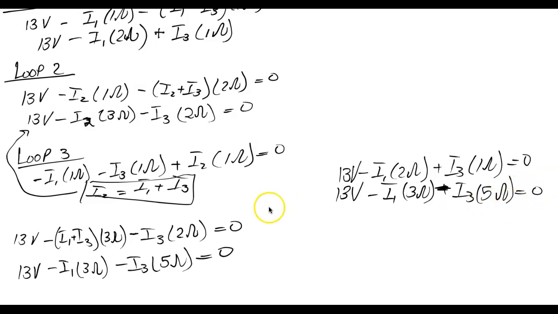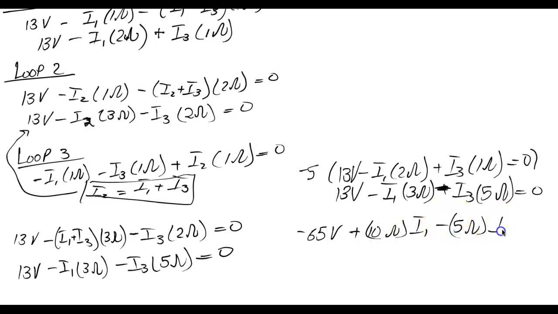And now we can multiply this one by a minus 5 and add it to the second one. So we get 5 times 13 is 65, negative 65 volts plus 10 ohms I1 minus 5 ohms I3 equals 0.